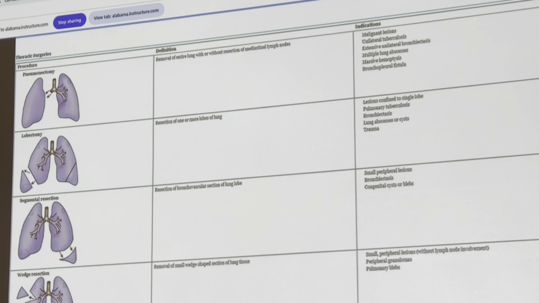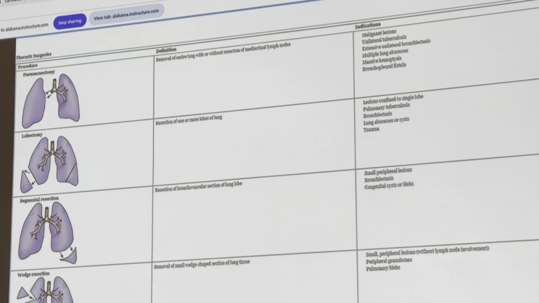Here are the different kinds. I wouldn't get so focused on this, but you can have several different types of surgical thoracotomy procedures. So something like a pneumonectomy, I take the entire lung out. Lobectomy, I can take just a section of each lobe. So remember the different lobes between the left side versus the right side of the lung. Then I can take a section out itself, or just a wedge, just a little triangle shape.